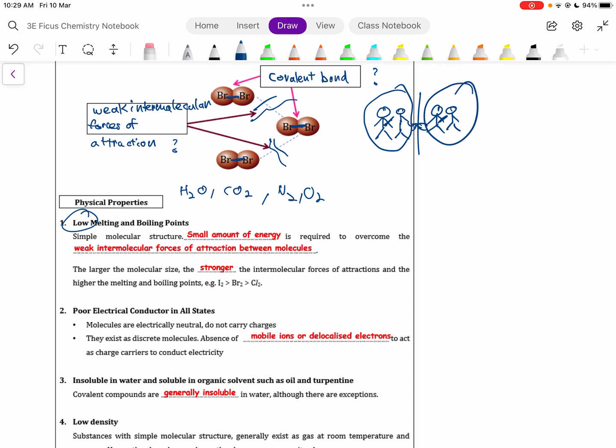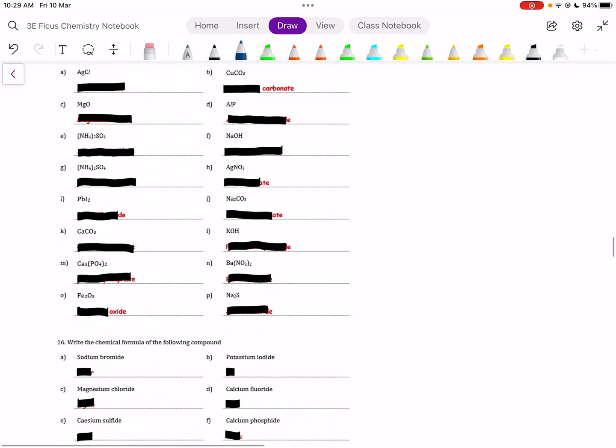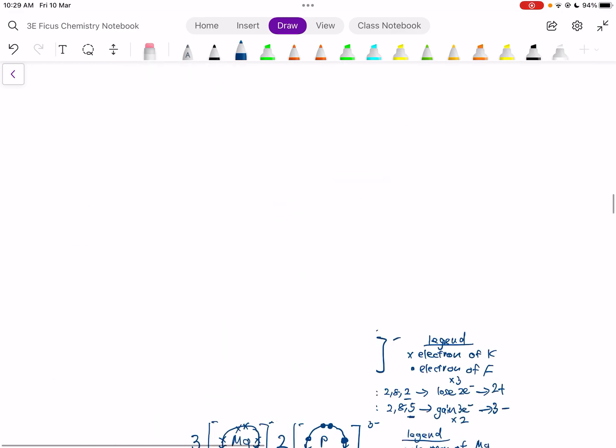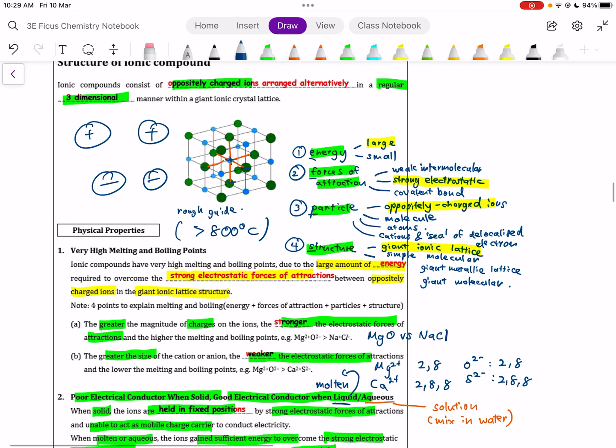Once again, if you refer back to what I mentioned that day regarding explanation of melting and boiling point, you always need four things. Structure, okay, what kind of structure? That day, back to ionic bonding, I explained this to you, right? You need all this.